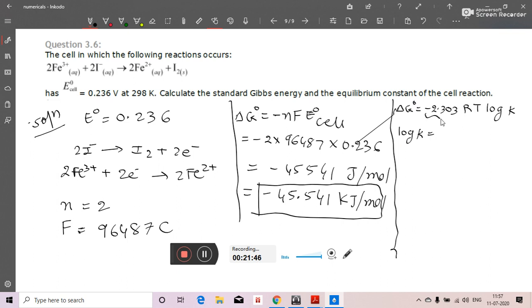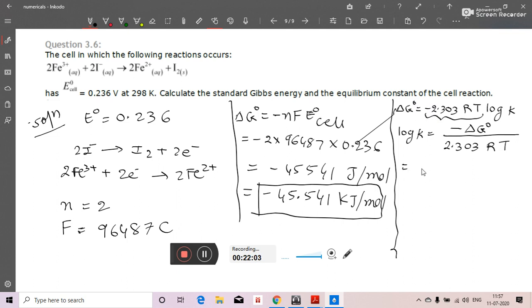Okay, so first of all minus will go on the left hand side, so that will become minus delta G naught upon, now 2.303 RT will go in the denominator, so 2.303 RT.